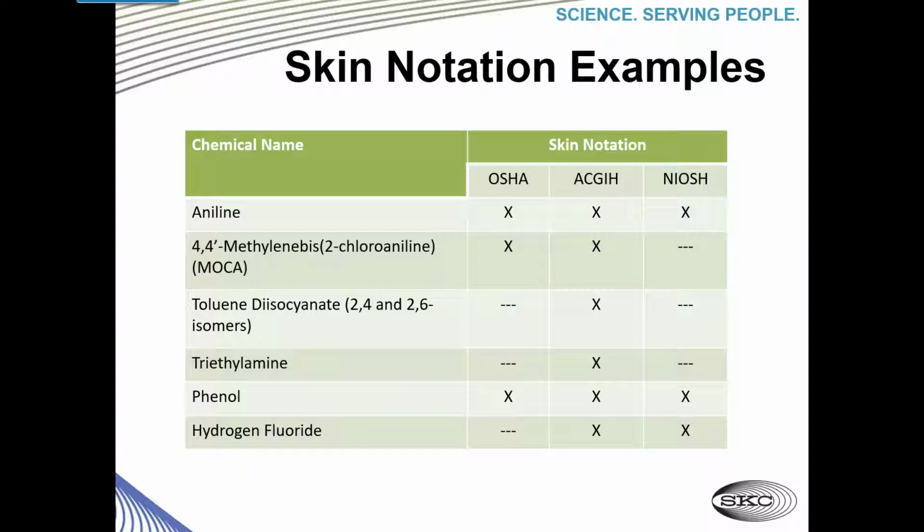You can see here that some of the chemicals have a skin notation in one organization, and others have skin notations from all of them. For example, aniline has a skin notation from OSHA, ACGIH, and NIOSH, and toluene diisocyanate, or TDI, has only one from ACGIH. But nevertheless, if it has one or more skin notations, we still need to address it in the workplace.